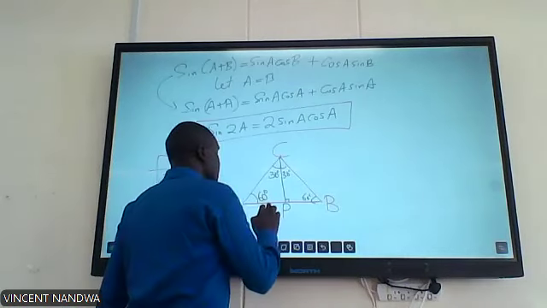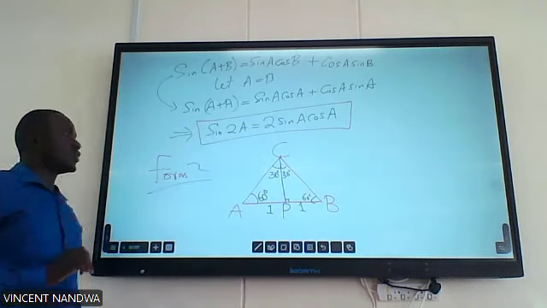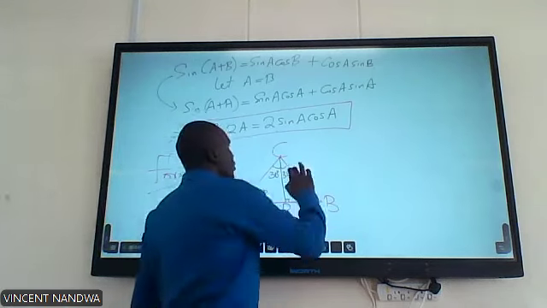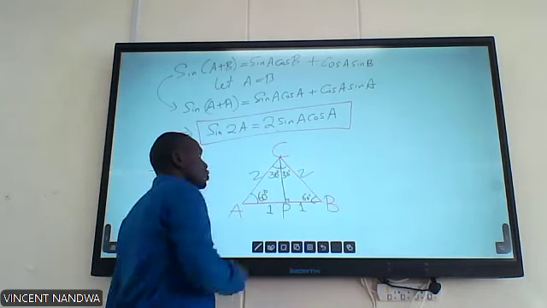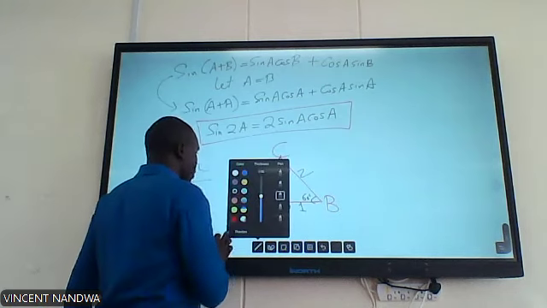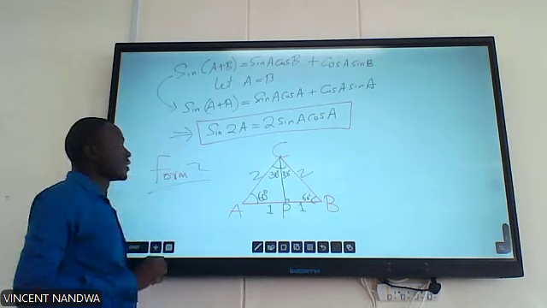So let this distance AP be 1 unit, and this be 1 unit. Which means from A to B, what is the length? 2 units. Okay? So then obviously this will be 2, this will also be 2. Then from Pythagoras theorem, what is the value of length CP?